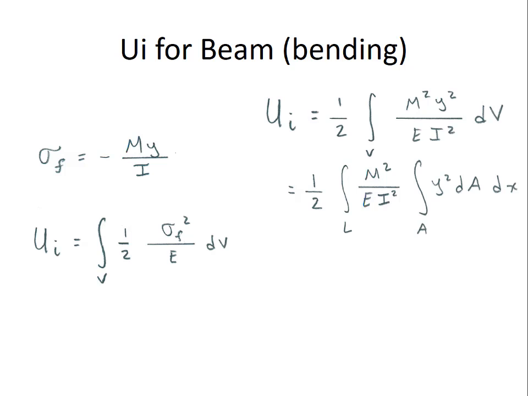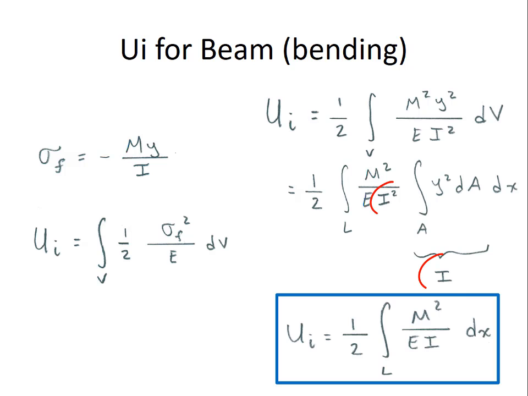Similarly, there's only one value of moment of inertia at any given location in the beam. We could have a cross-section with different modulus of elasticity at a single location in the beam. We're assuming that's not the case. So we're able to pull out M, E, and I from the area integral. We recognize the integral of y squared dA as the moment of inertia. I cancels with I squared in the denominator to give us the expression we have here.